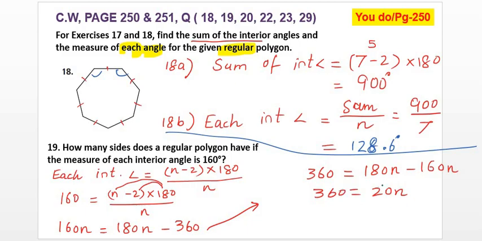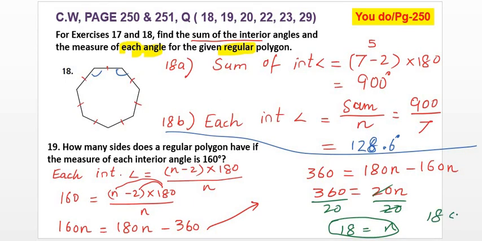Now to get the value of n, divide each side by 20, so we will get n equals, because here 20 and 20 will cancel, here 0 and 0 will cancel each other, so the number of sides will become 18 sides. Is that clear? So it means if it's a regular polygon and the value of each angle is 160, then there will be 18 sides of that regular polygon. Hope it's clear for you.